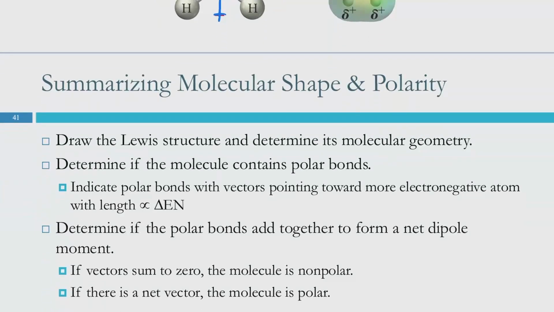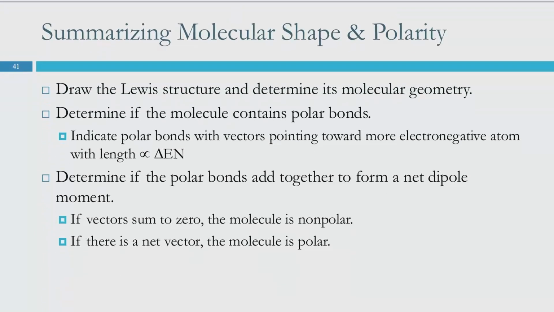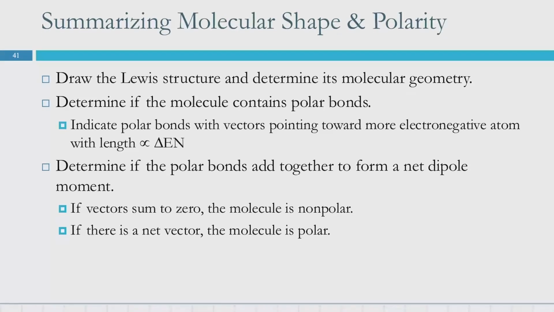For figuring out polarity from molecular shapes, you need to draw a Lewis structure. Hopefully we'll be good at drawing Lewis structures, and determine the molecular geometry, the actual shape of the atoms, after you've figured out the electron geometry. Then you need to determine if the molecule contains polar bonds.